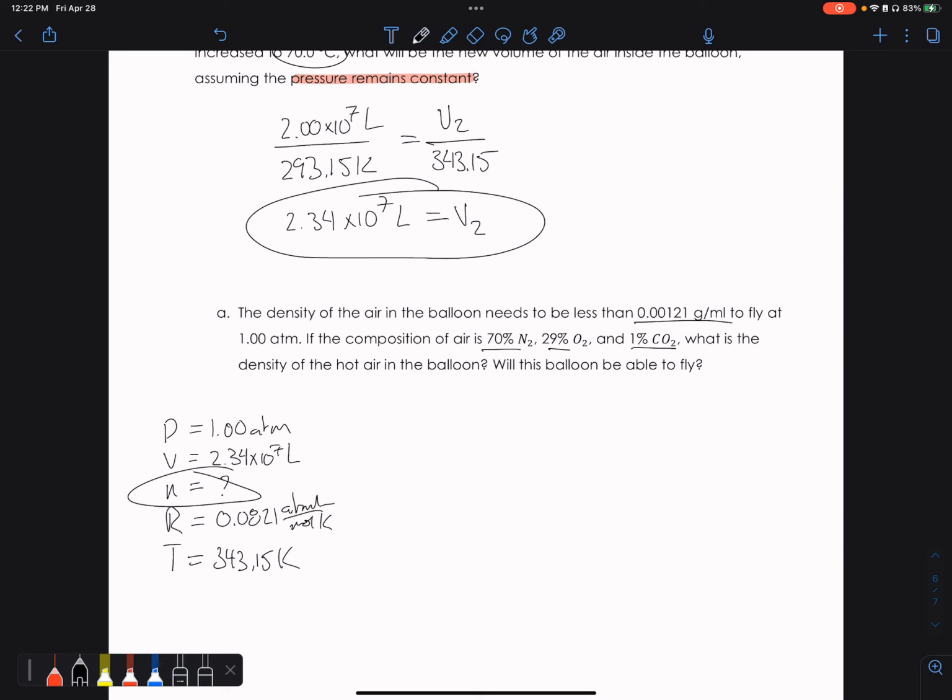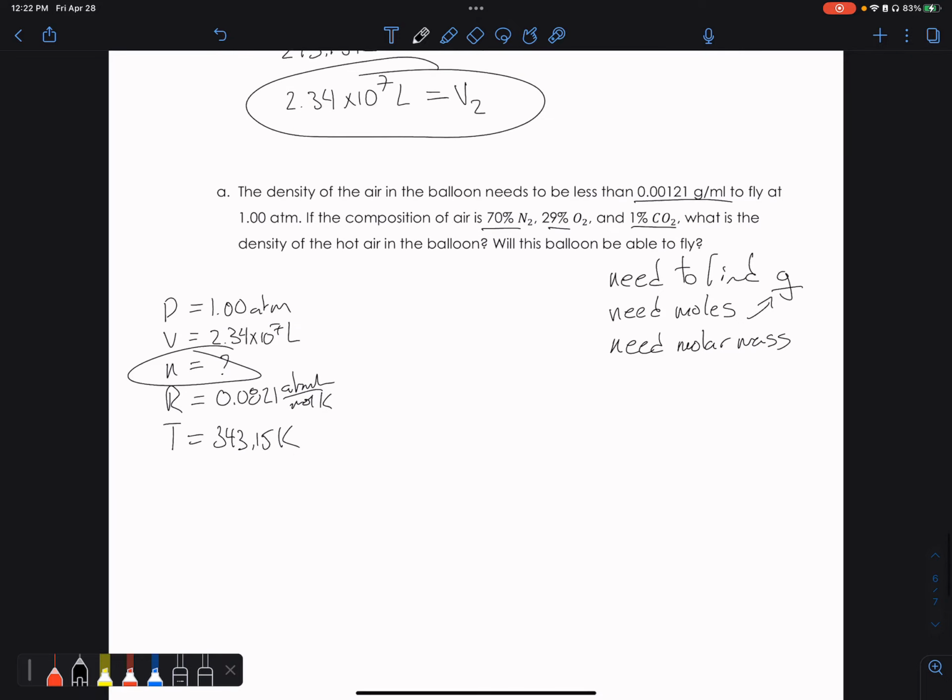Now, why do we want to find moles? If we want to calculate the density, we need to find grams. And if we want to find grams, then we need moles. So if we can get moles, then we get to grams, as long as we have the molar mass. So we also need molar mass.